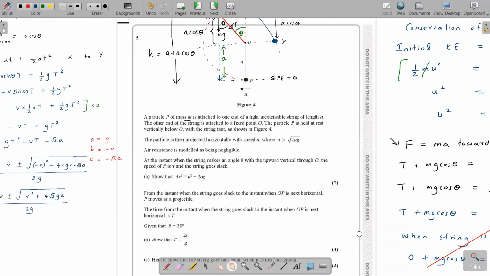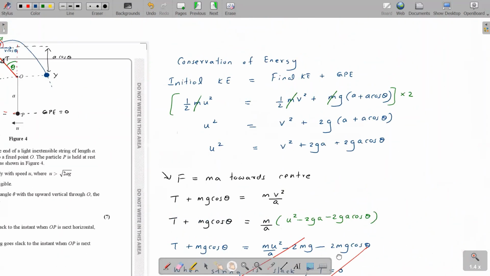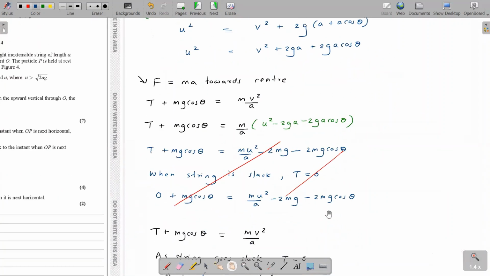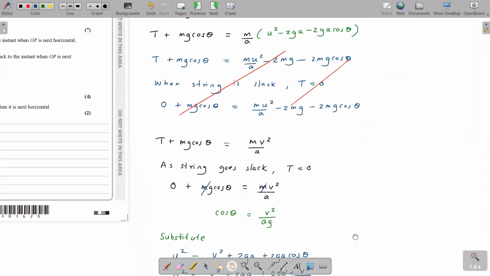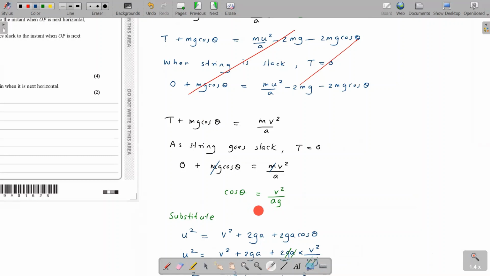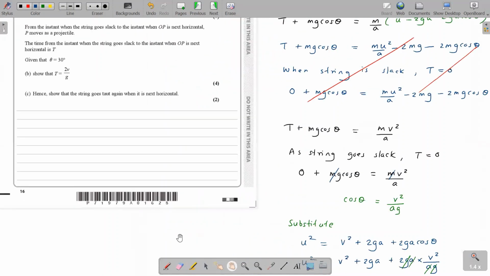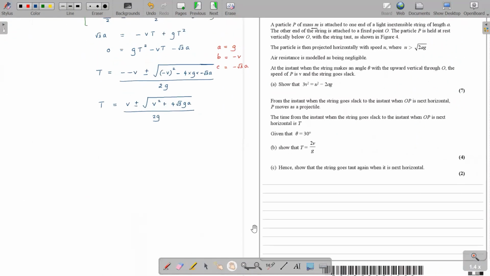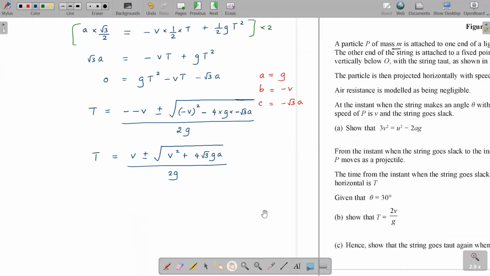If you look at what we did earlier, somewhere over here, look at this. We got cos theta is v square over ag. So we could use the help of that, right? In this case, cos theta is cos 30, and cos 30 was v square over ag. That's what we got.